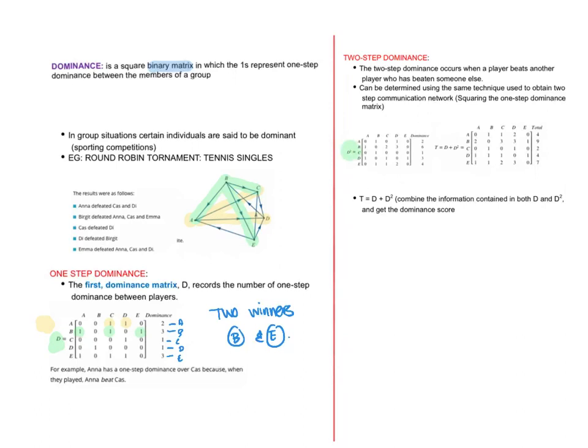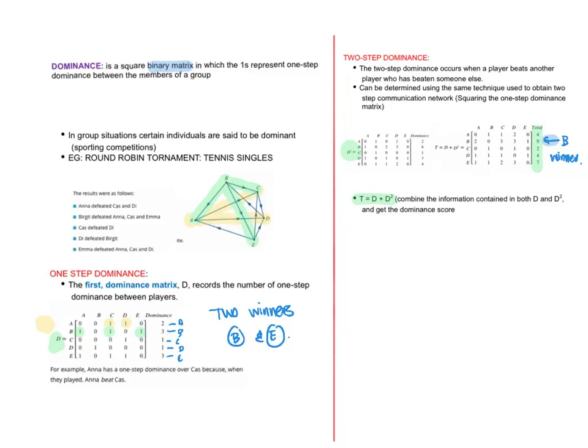Then we add the D and the D squared, so 1-step dominance and 2-step dominance, and we end up with this answer here. Then we can see a clear winner: B ended up being the winner when we add those two.